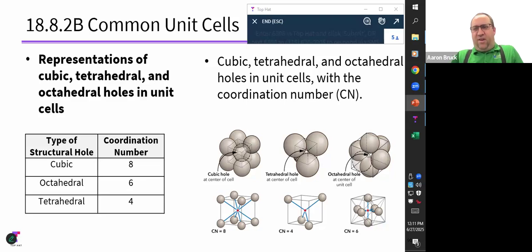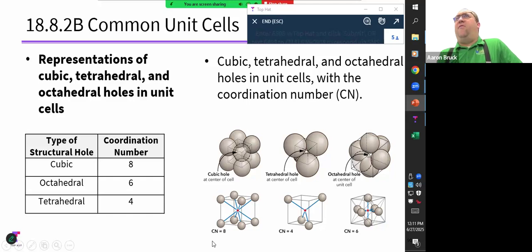Where we can see this kind of thing happening a lot more, take a look at this face-centered design here. Atoms that exist in between the faces of a cube can have octahedral holes there.